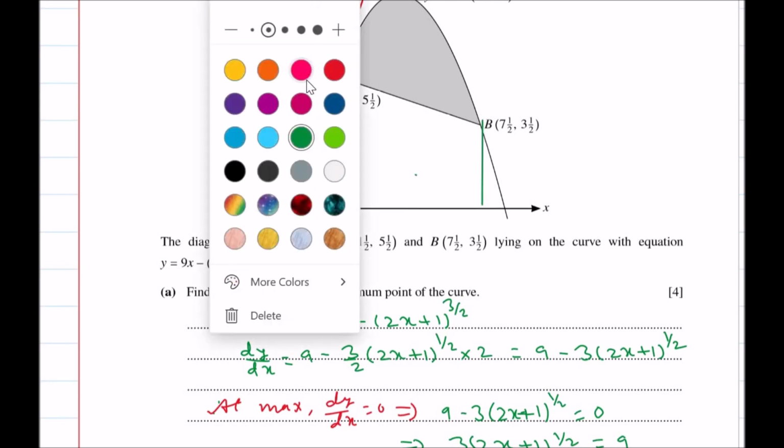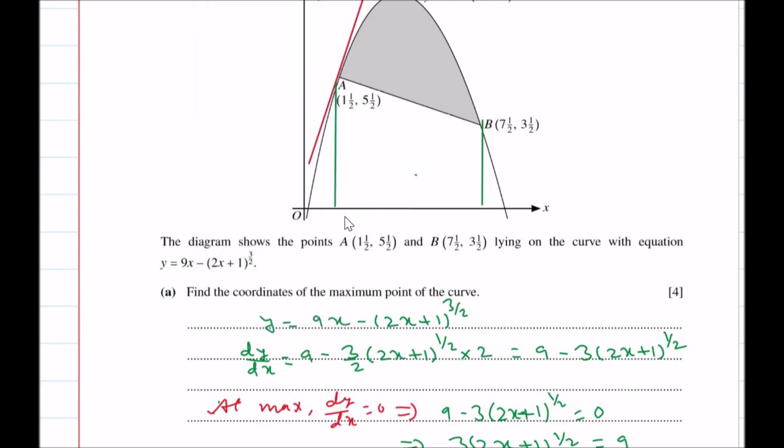Now, this is 1.5, and this is 7.5. X value here, right? So if we integrate the curve equation and put the limits from 1.5 to 7.5, that gives us area under the curve.